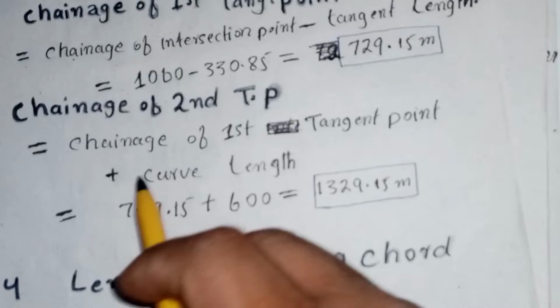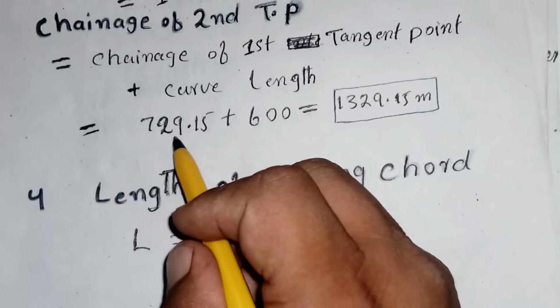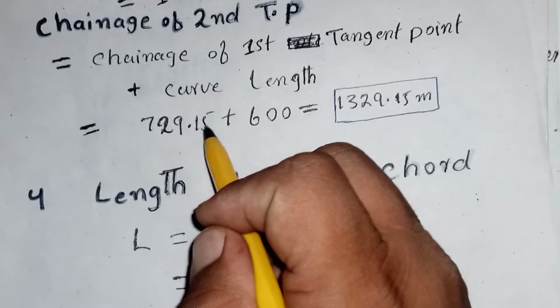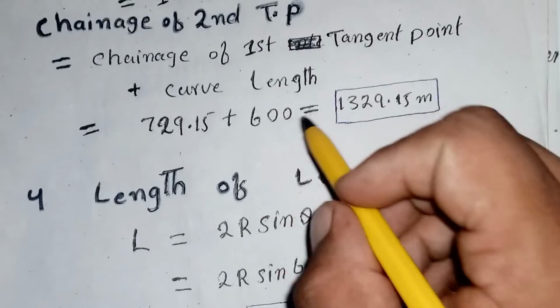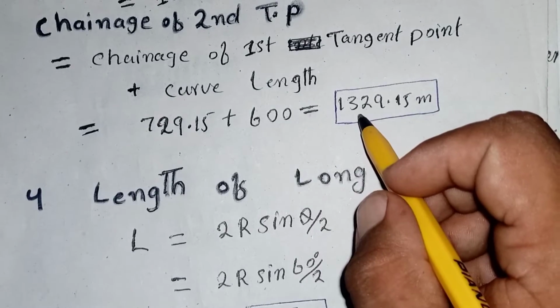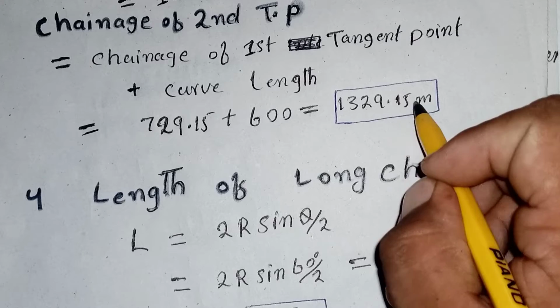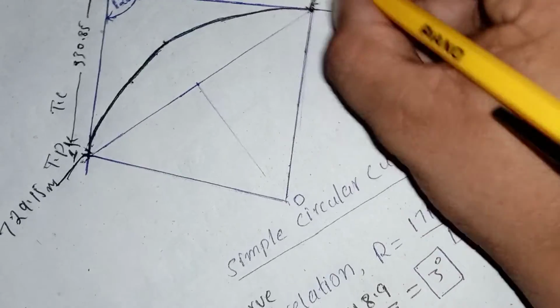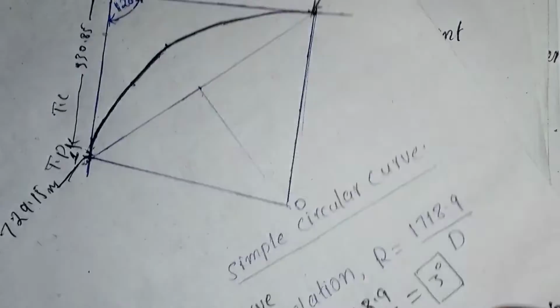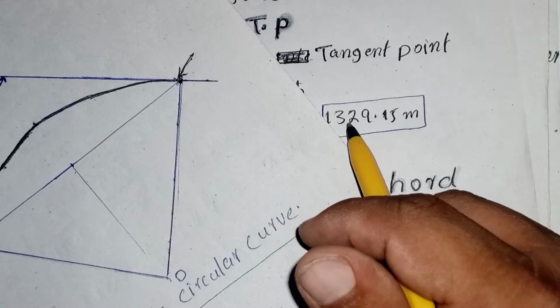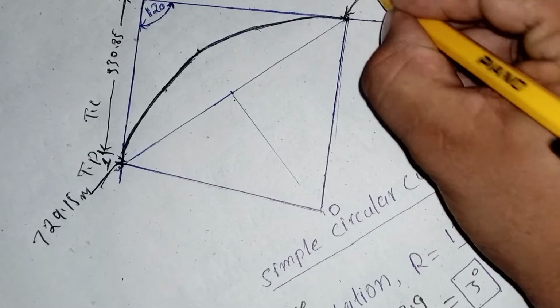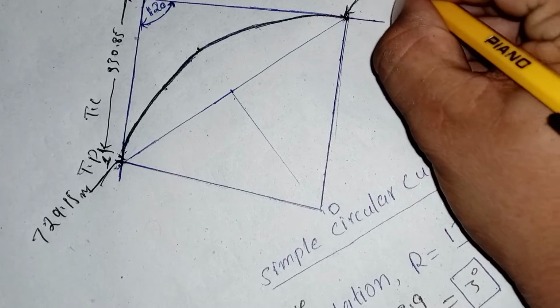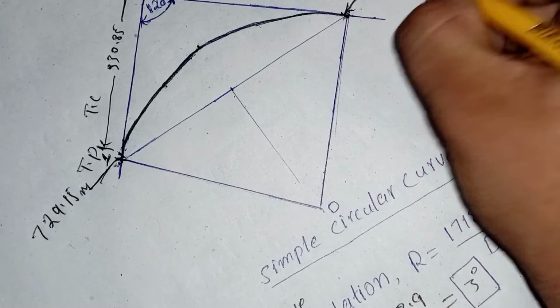So the chainage of the first tangent point is 729.15 plus 600, which is equal to 1329.15 meter. So we can write here 1329.15 meter.